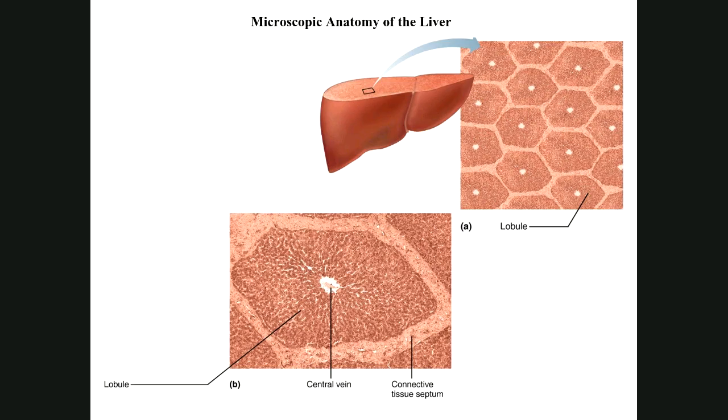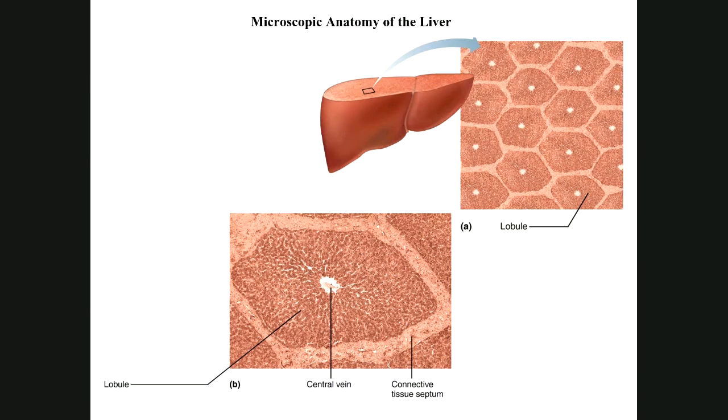Microscopic anatomy of the liver, we have those lobules, and inside of each lobule, we have this central vein, and they are surrounded by connective tissue. We call that septum connective tissue that connect each lobe with each other.